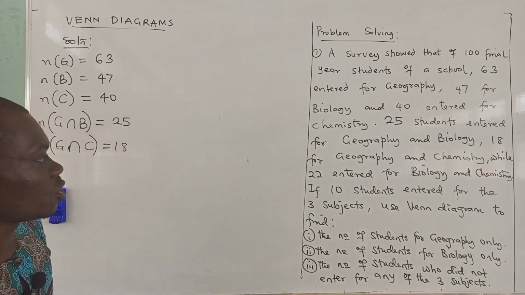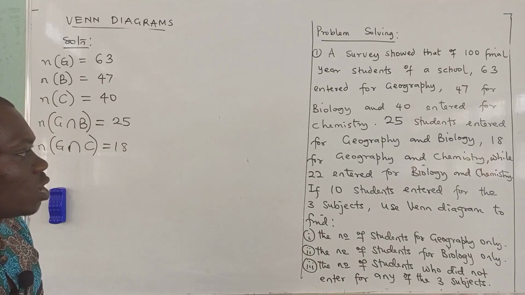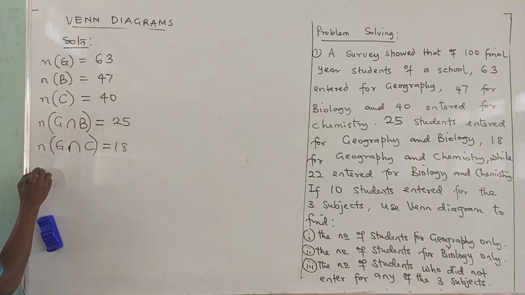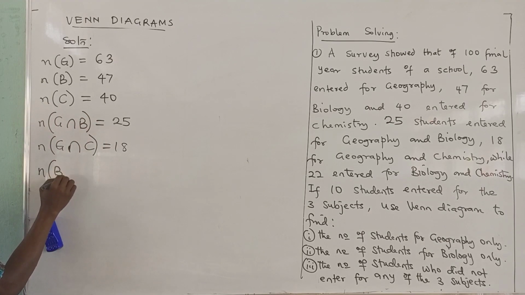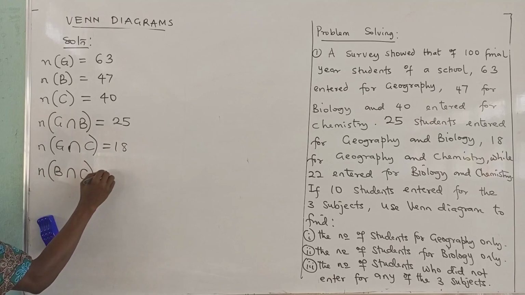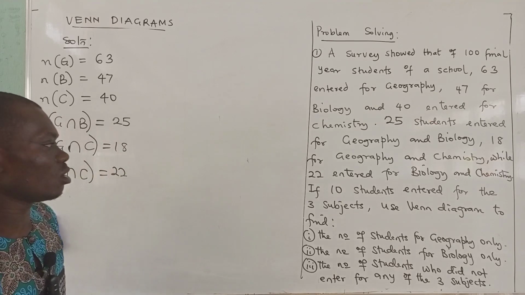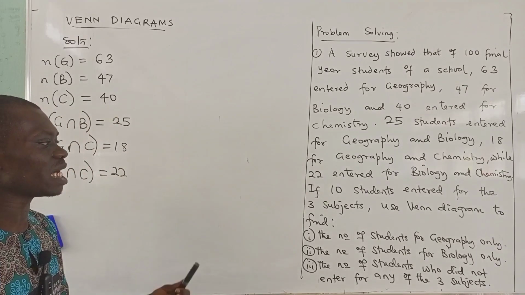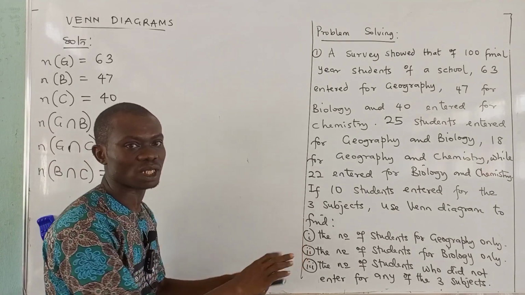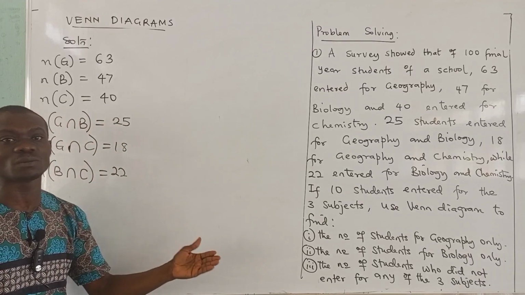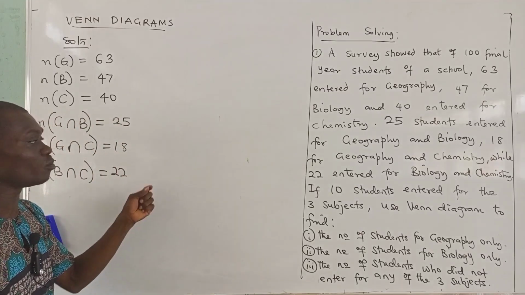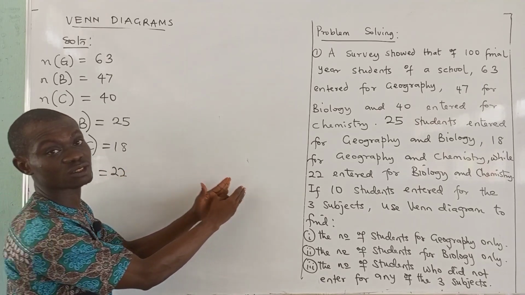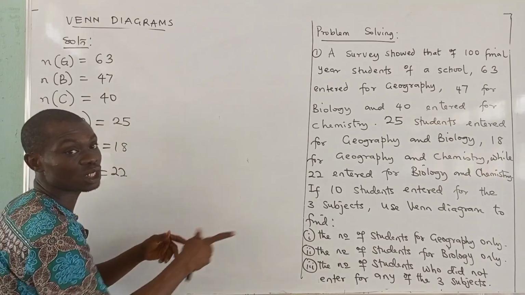And then again, what do you have? It says, while 22 entered for biology and chemistry. N of biology and chemistry is 22. Okay, and then they said, now that if 10 students entered for the 3 subjects, what does that mean? The number that entered for the 3 subjects signifies the number that will be found in G intersection B intersection C. That means there are people that are doing the 3 of them.